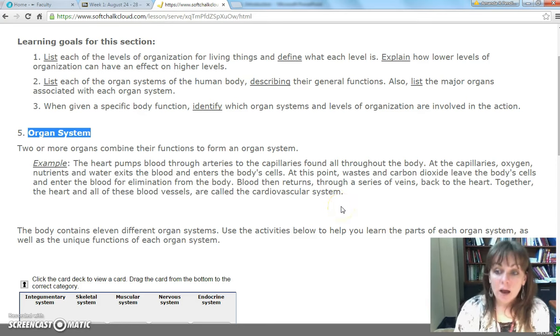And so now if we have the heart and the blood vessels, then we have a new function. We can pump blood to specific locations in the body. And the heart alone couldn't do that. You can just pump blood, let blood come in and pump it out. But the blood vessels, you add those in, and now the blood's going to specific places in the body.